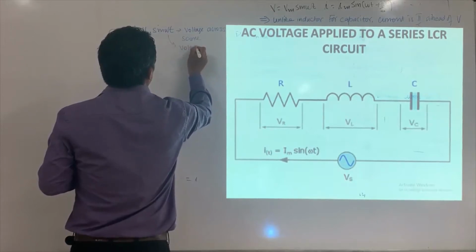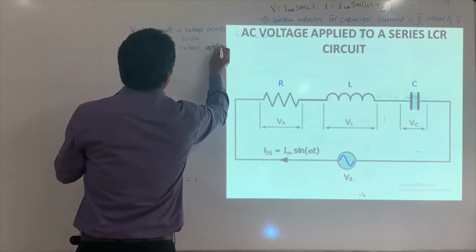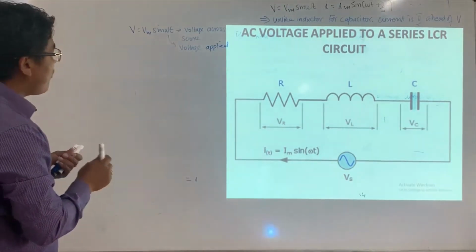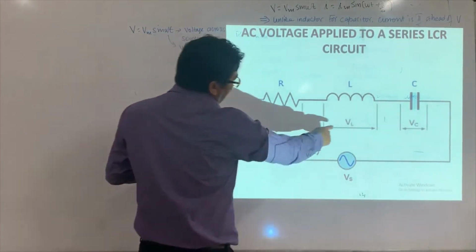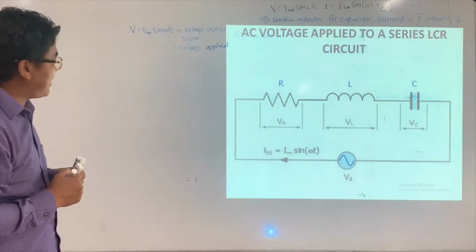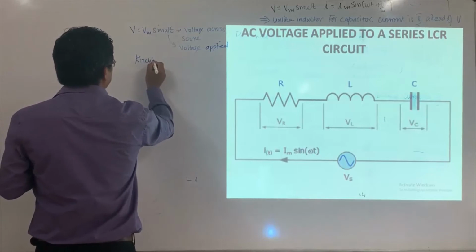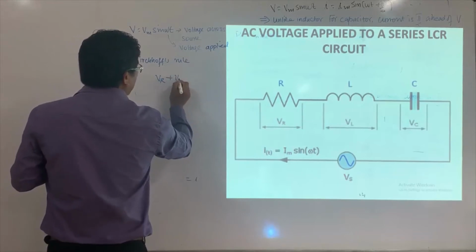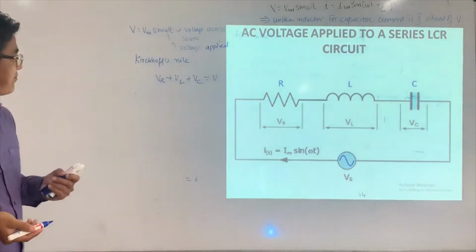Then VR is the voltage across the resistor, VL is the voltage across the inductor, and VC is the voltage across the capacitor. Using Kirchhoff's rules, VR plus VL plus VC is equal to the applied voltage.